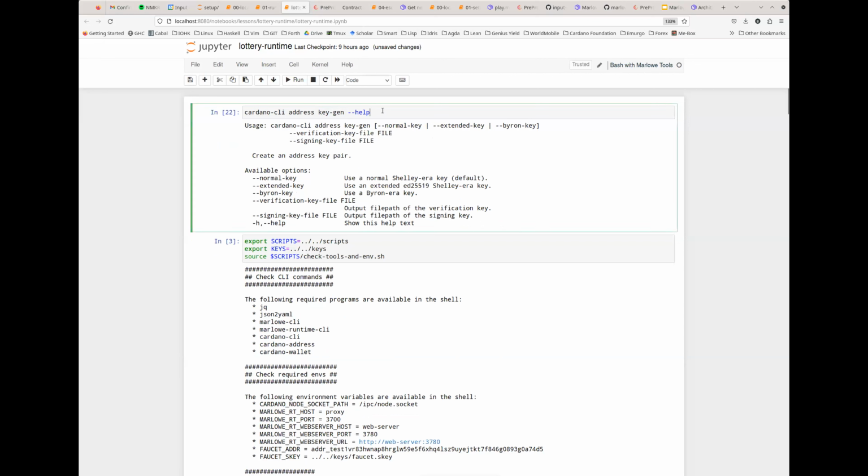So I could just generate fresh keys for me, but I just have to specify the files where the public key and the private key should be written to, and then generate a fresh key pair like this. I really like the Cardano CLI. It's a nice tool, and also things like conversions, like the hash of a public key, you can all do with the Cardano CLI.